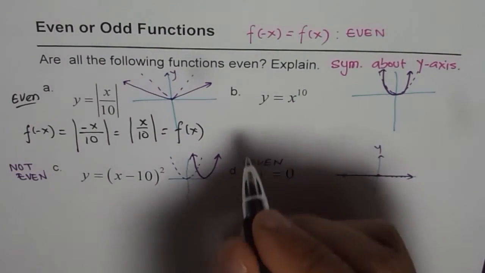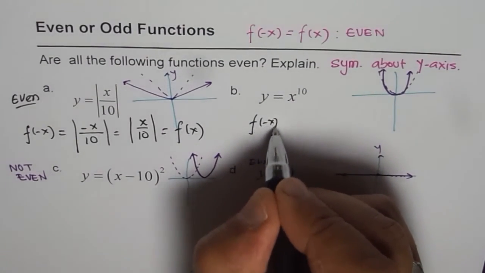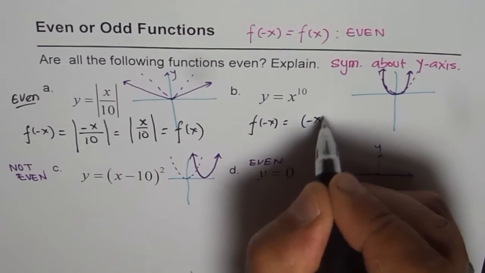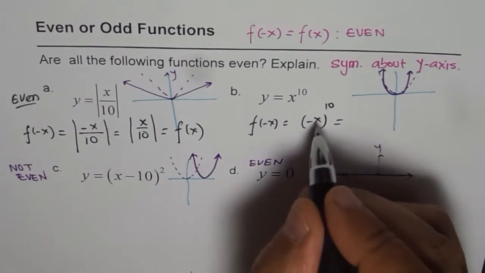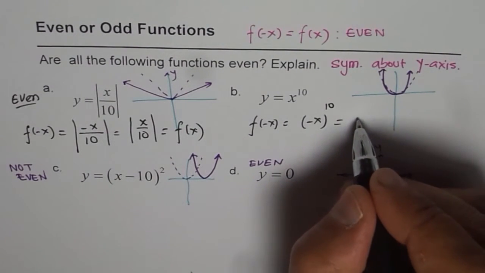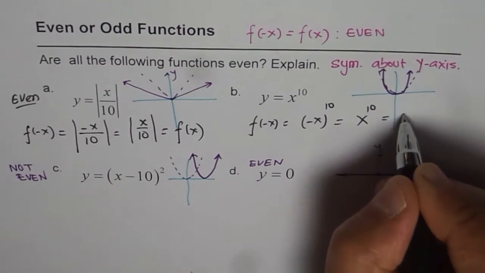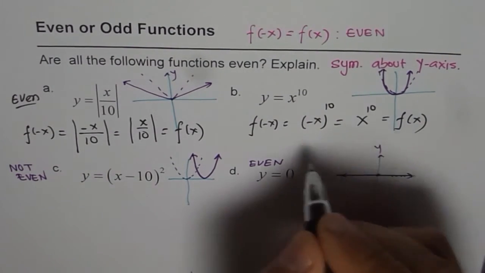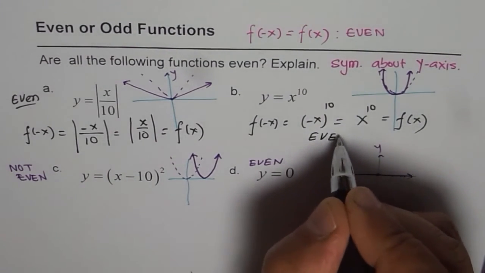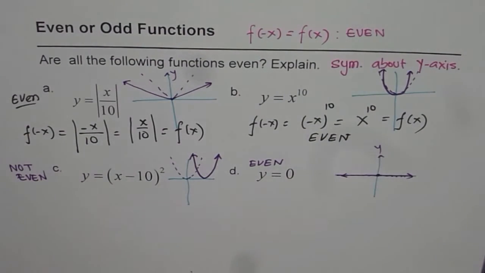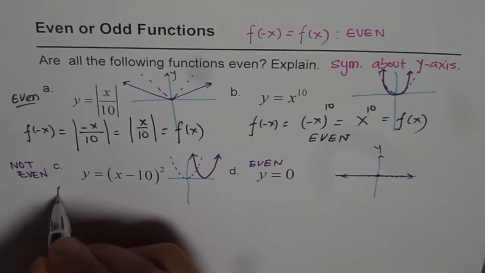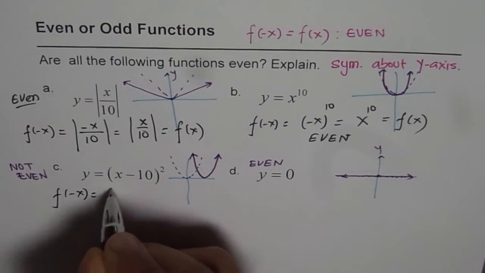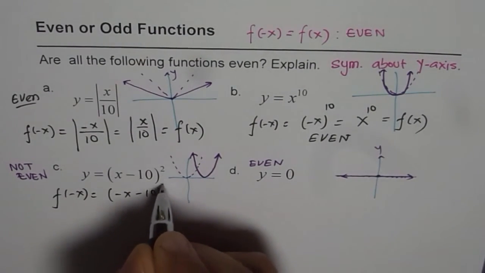How about this? f of minus x is equal to minus x to the power of 10. Since the power is even, it is the same as x to the power of 10, which is the same as f of x, and therefore this is also even. In this particular case, f of minus x equals (minus x minus 10) whole square.